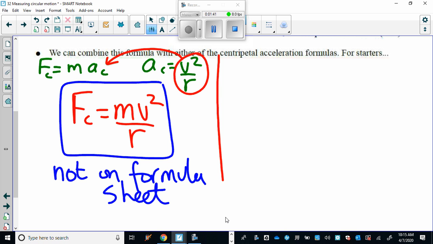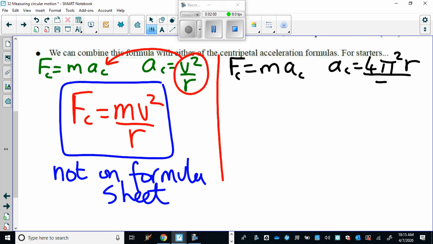The other formula that we can derive from this one, not as important, but could save a lot of time in some questions, is this formula here, which we derived in the last lesson. And we can do the same thing.